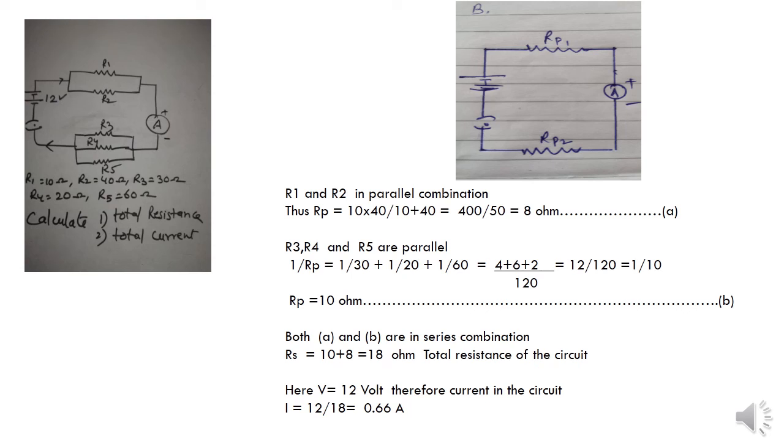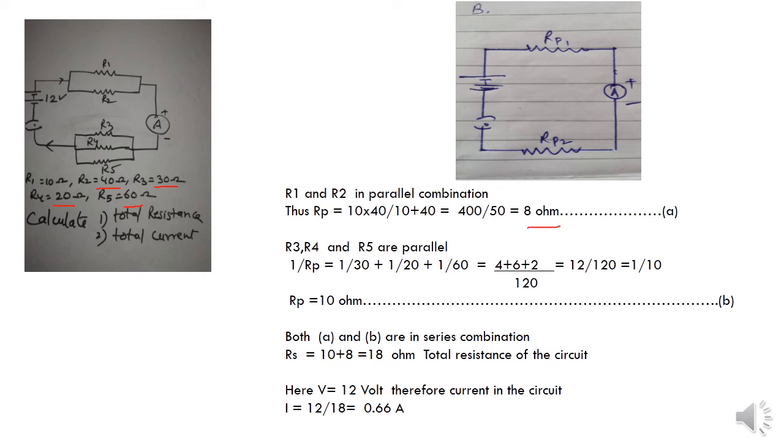This is another circuit diagram where you have to find the total resistance and the total current. Here I have named R1, R2, R3, R4 and R5, where R1 is 10 ohm, R2 is 40, R3 is 30, R4 is 20 and R5 is 60. First, find the equivalent resistance of R1 and R2, that is RP. It is a parallel combination, so we find it is 8 ohm.